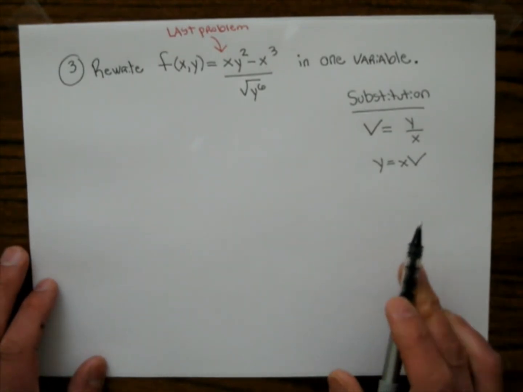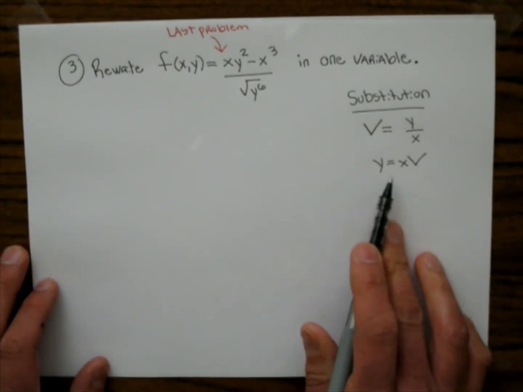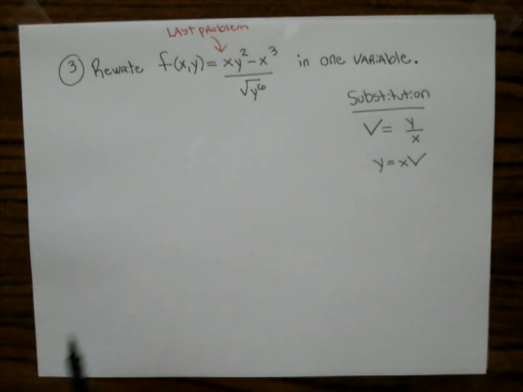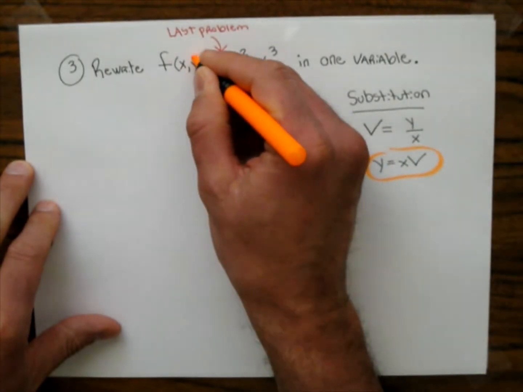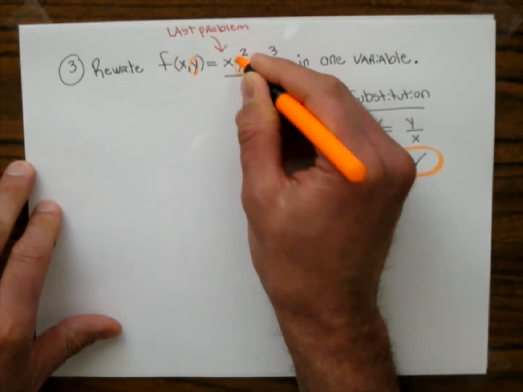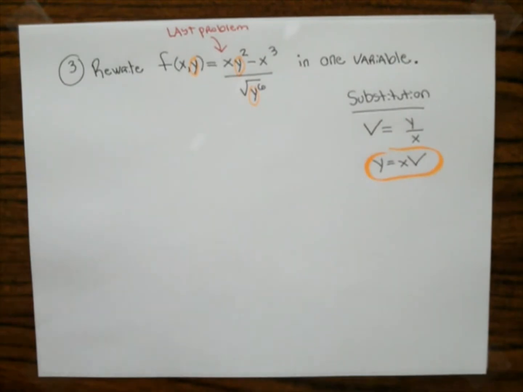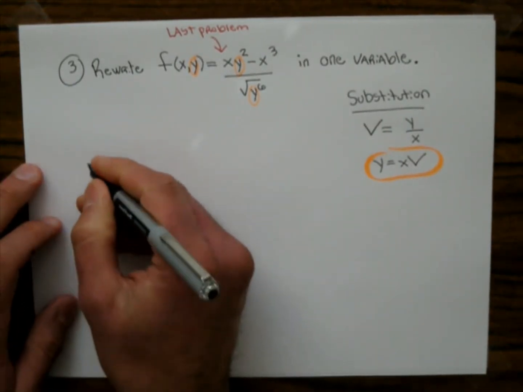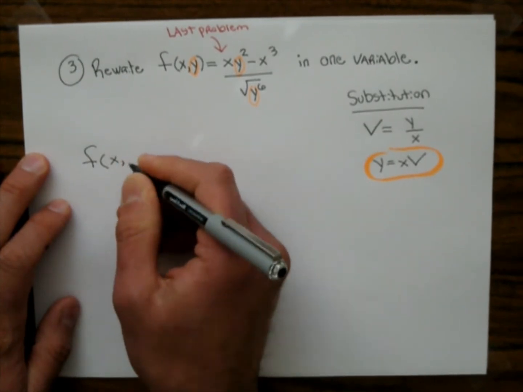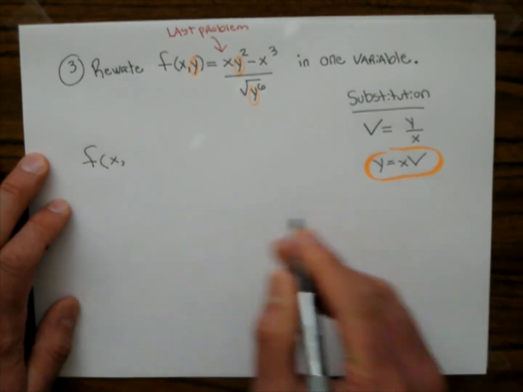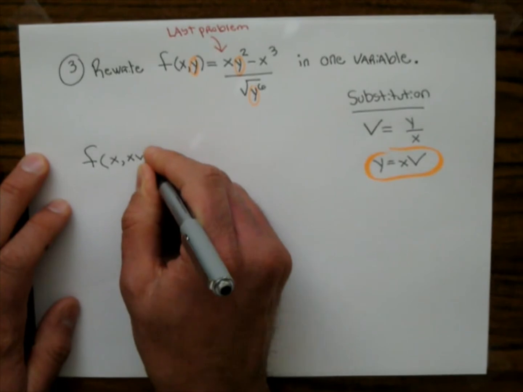Now, let's go ahead and plug this everywhere we see a y in this equation. Let's see what we get. So we end up getting f of x, comma, xv. I'll just make my v small, I guess.